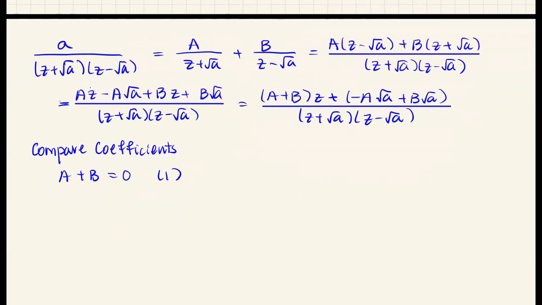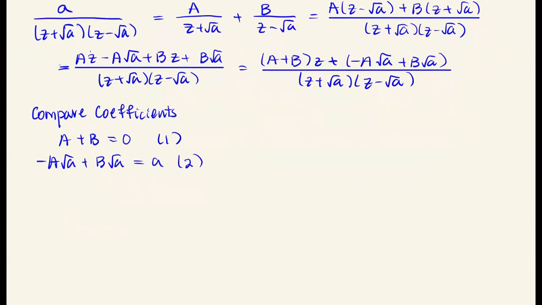The second equation we have is minus A root a plus B root a, which is equal to a, and that's equation 2. Also note that if I common factor out the root a here, then negative A plus B is equal to root a.